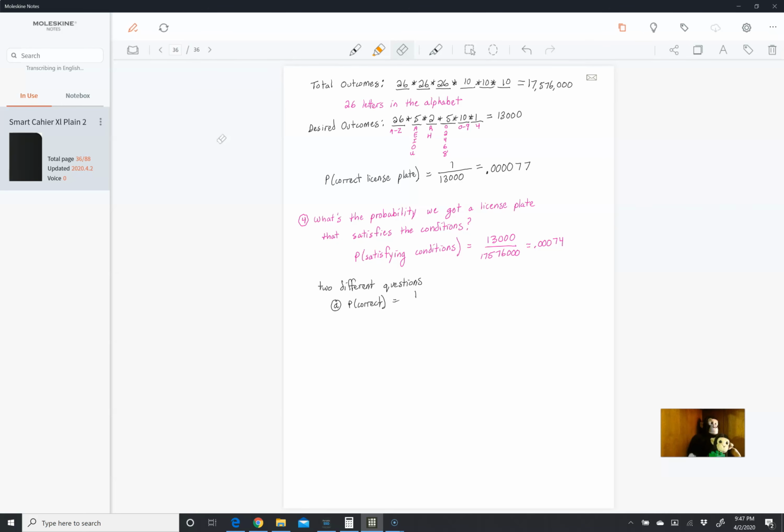And this is going to be 1 over the number of desired outcomes, essentially. And the second one is the probability that we satisfy conditions.